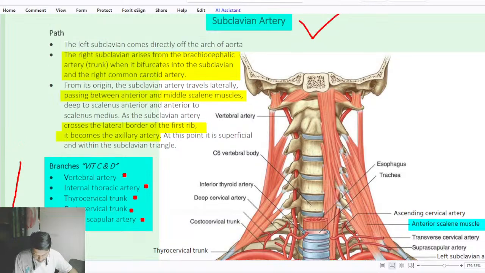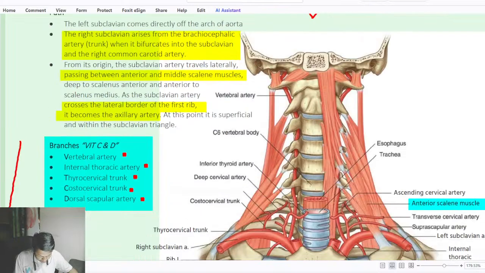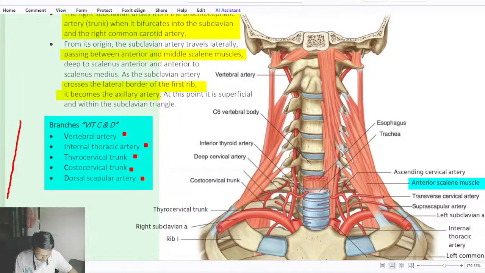Okay, what are the branches of the subclavian artery? Vitamin B and C. So vertebral artery, thyrocervical, costocervical. Why do I keep forgetting this?